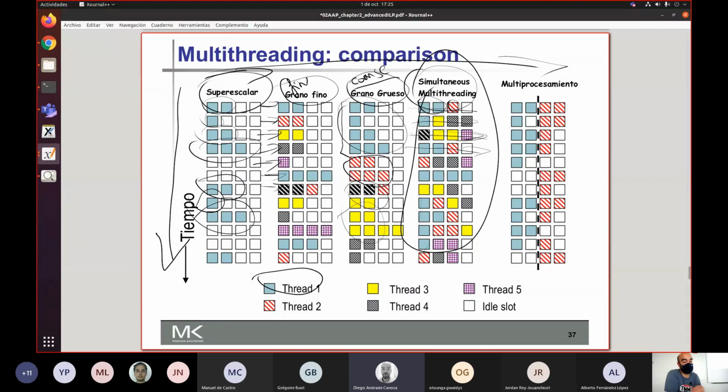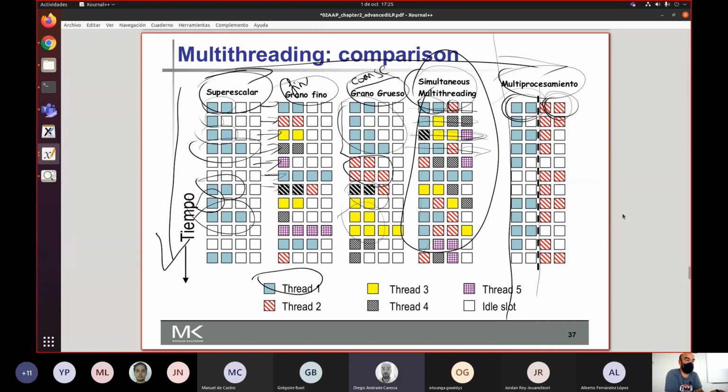And this is just another idea, multiprocessing. In multiprocessing, you have instructions of different threads being executed by absolutely disjoint hardware. So this is not the same hardware at all. You have everything replicated, because if not, that would not be possible.